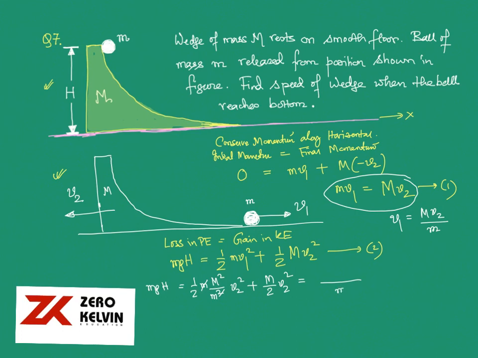So there you have 2m in the denominator, and in the numerator you have capital M square plus small m into capital M. This whole thing multiplied by v2 square implies v2 square is 2 m square gh divided by M square plus small m into M.